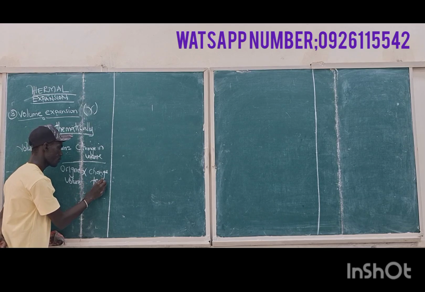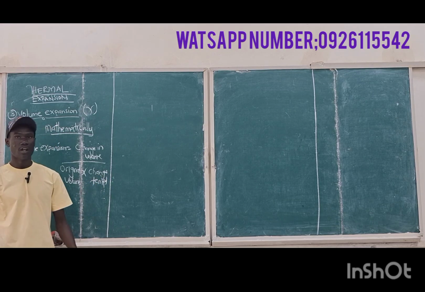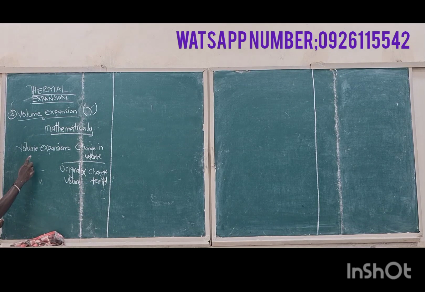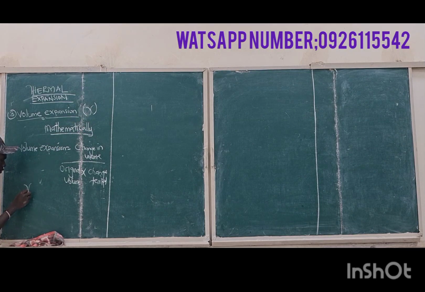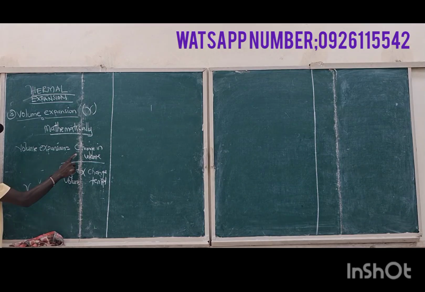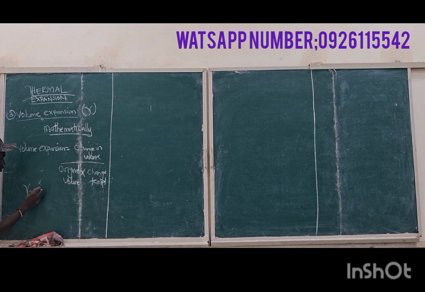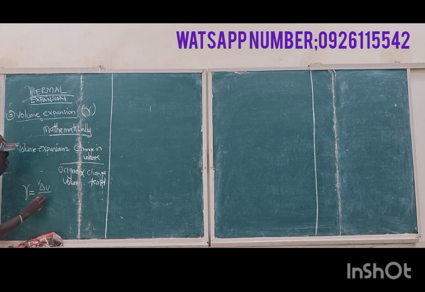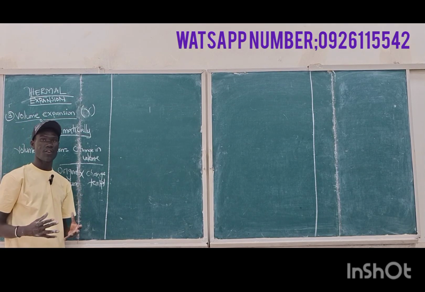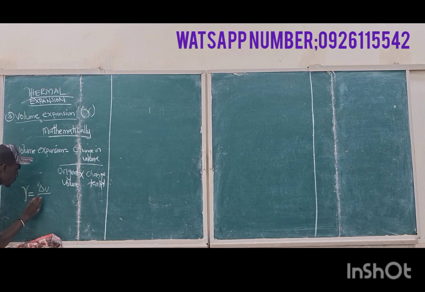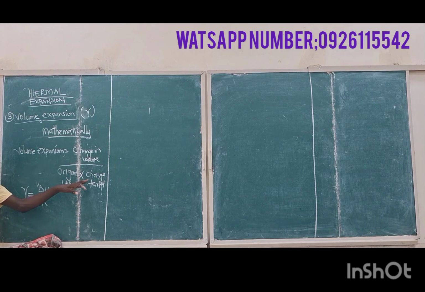We can write it like this: volume expansion, gamma, is equal to change in volume, written as delta V, all over the original volume. The original volume here is the initial volume, V1, multiplied by change in temperature.